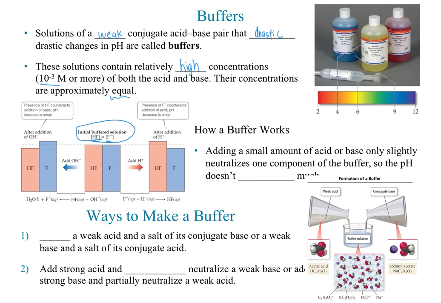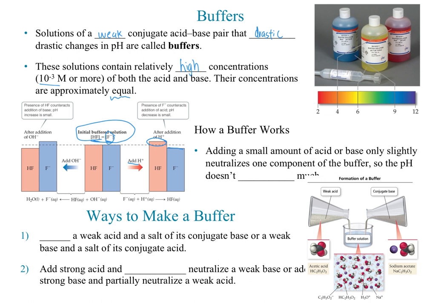If I add a little bit of strong acid, so hydronium, then it's going to react with the fluoride to produce a little extra hydrofluoric acid, and I'm going to lose some fluoride. But overall, after my hydrogen got added, I still have acid-base pair in a decent similar concentration. And my hydronium that I added is basically gone.